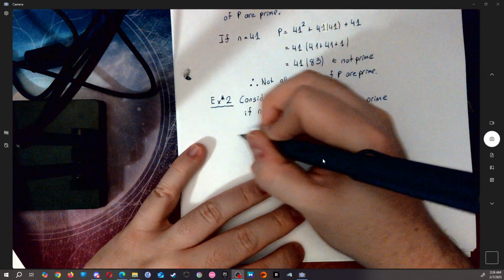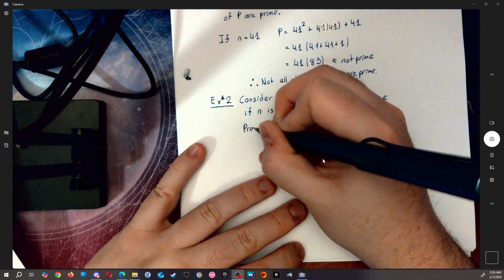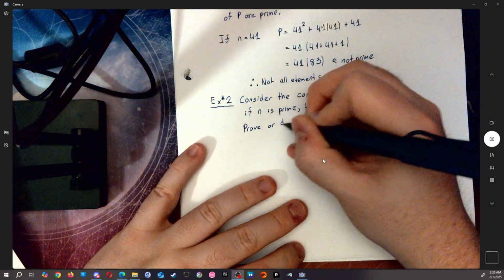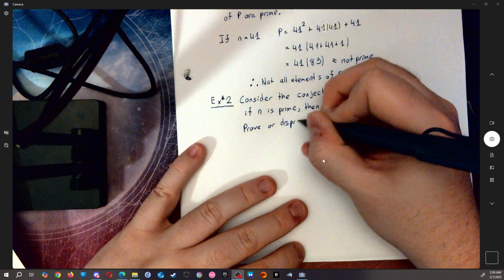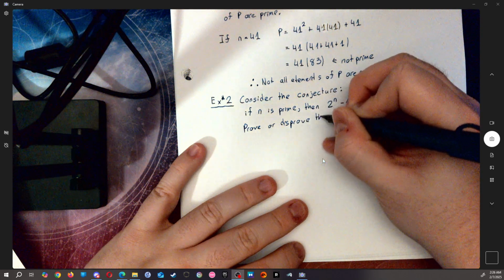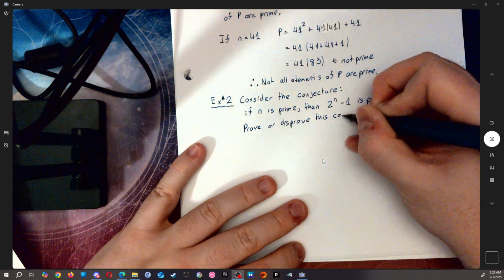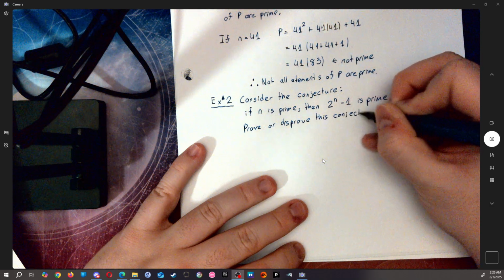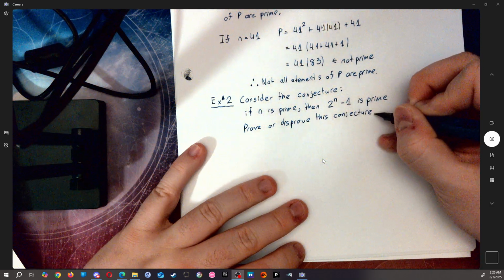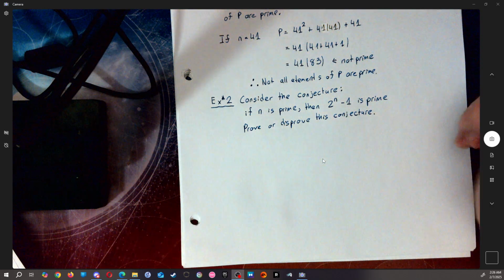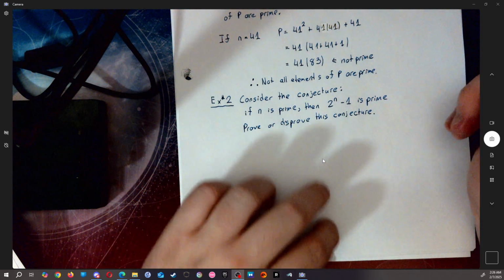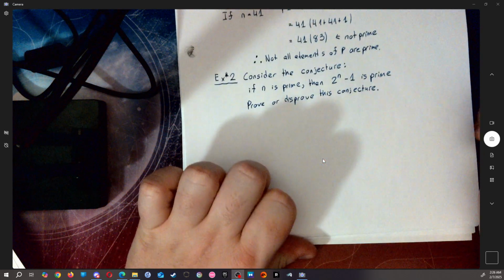Okay, so prove or disprove this conjecture. Okay, now, spoiler alert, because we're currently on our lesson of counterexamples, we're going to disprove this one.